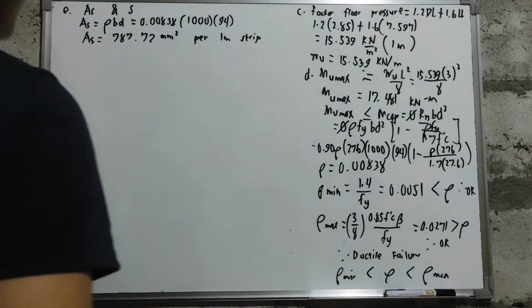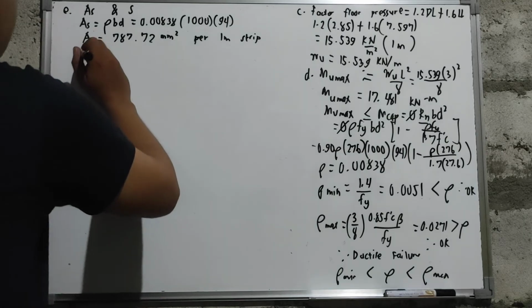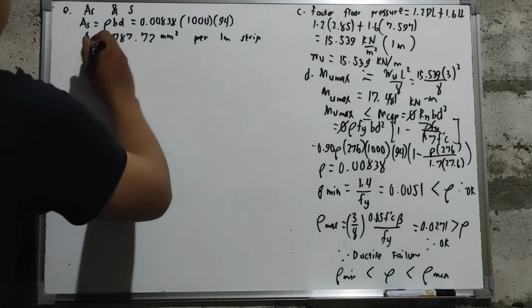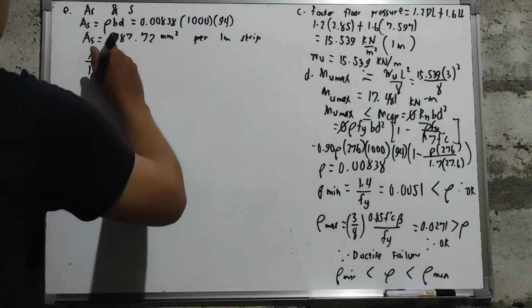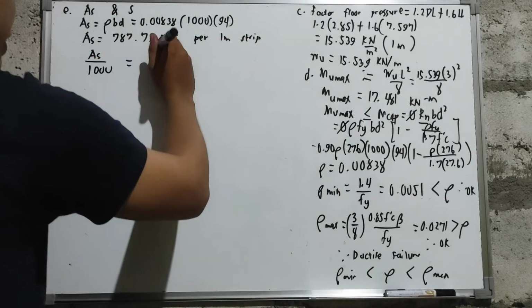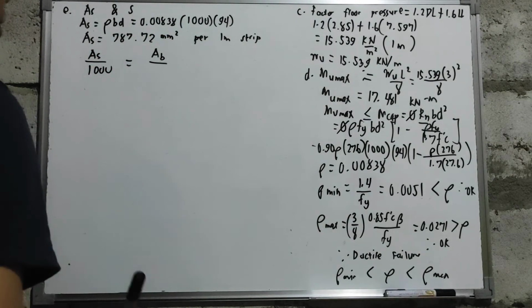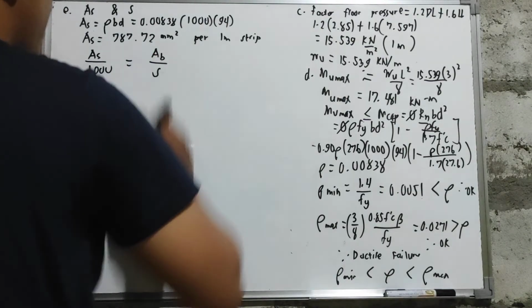So para makuha natin yung spacing natin, gagawin natin is yung As natin over 1,000, i-ratio and proportion natin siya to the diameter ng isang bakal over yung spacing niya.